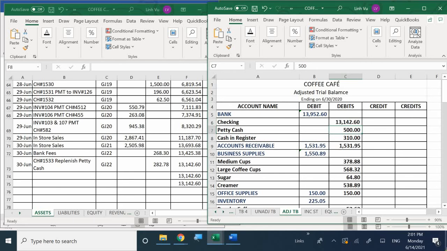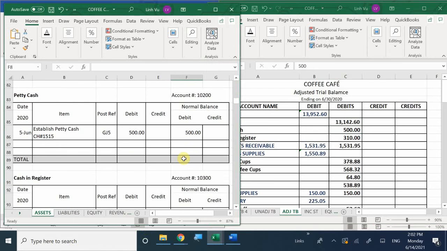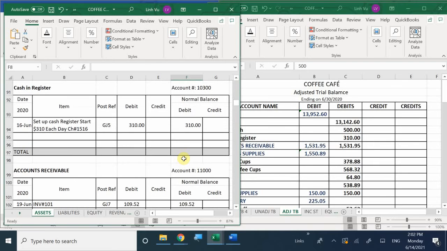Excellent. Petty cash, we didn't do anything to it; all we did was replenish it. We did not increase or decrease it. Cash in the register, same thing. We still have at least $310 in the cash register to exchange when we have sales. So those numbers are the same. No extra formula added here.